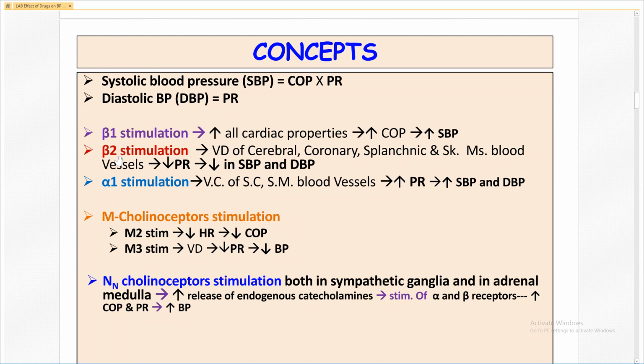Beta 2 stimulation, it is also stimulation, but see what is the effect.